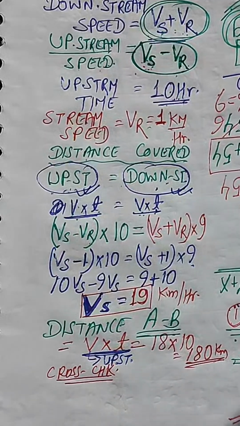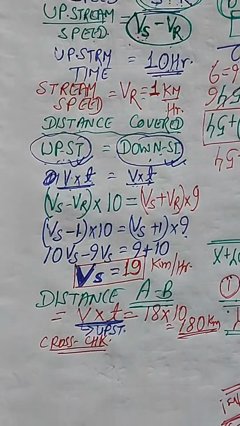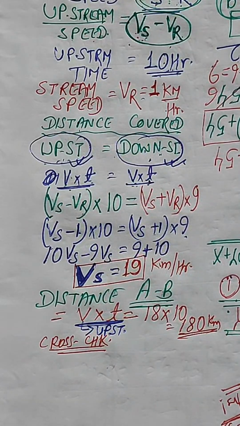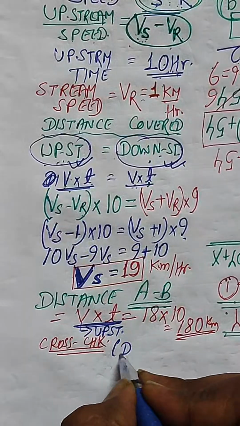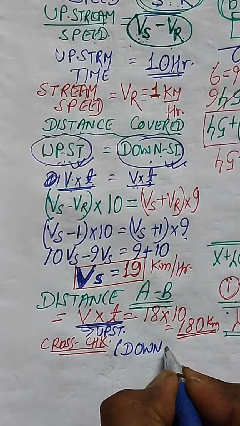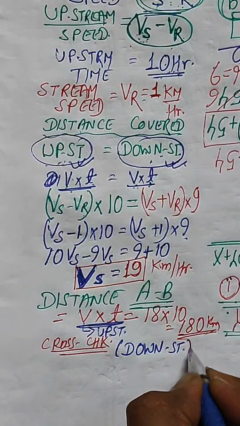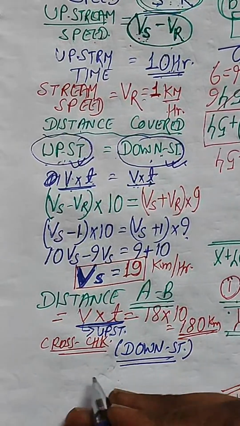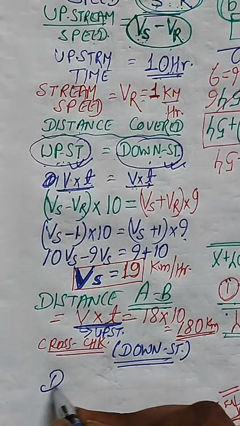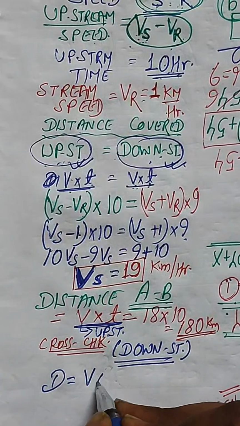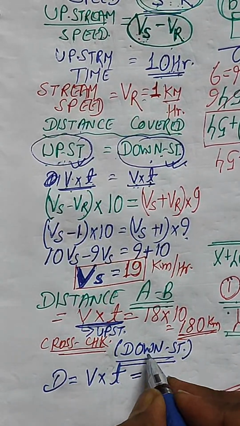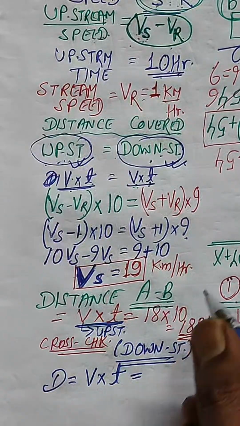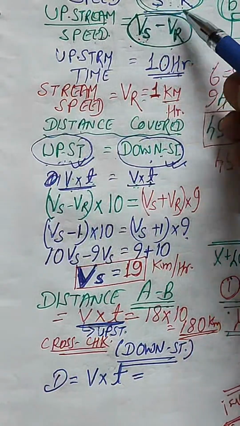To cross check, you can also calculate this distance considering the downstream velocity. When you consider the downstream, the distance will be equal to velocity into time, and the downstream velocity was Vs plus Vr.